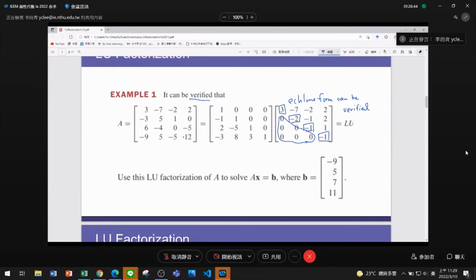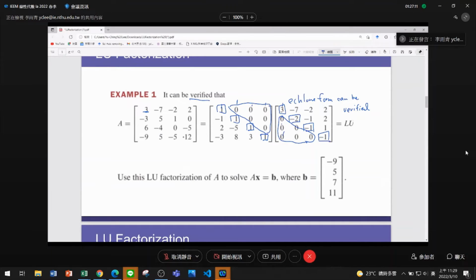Also for the L matrix, all the diagonal entries are 1 and the top right corners are all zeros. Then we can do the calculation quickly: 1 times 3 plus 0 times 0, 0 times 0, 0 times 0 is 3, so we get a 3 here.